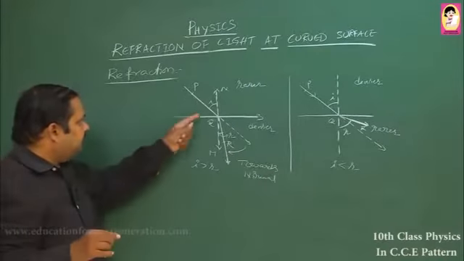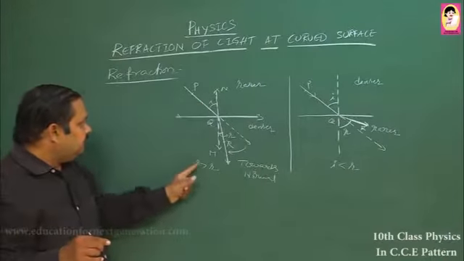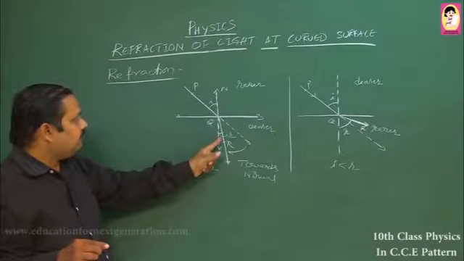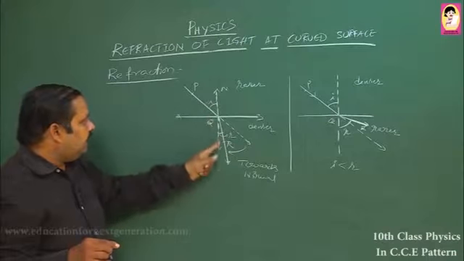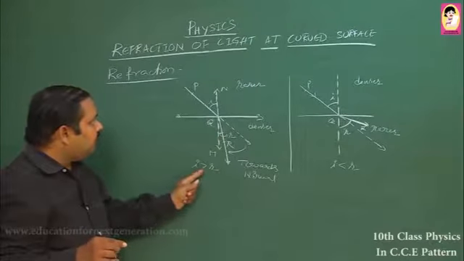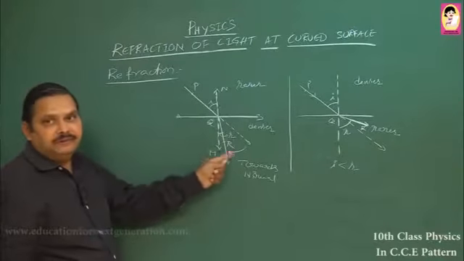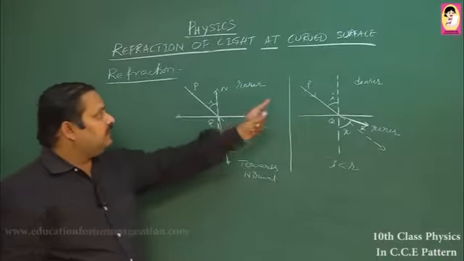In such a case, the angle of incidence is greater than the angle of refraction. This is the larger angle, this is the smaller angle. I is greater than R, and this is true when a ray of light is entering from rarer medium into denser medium.